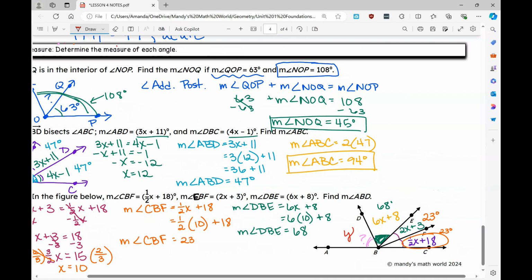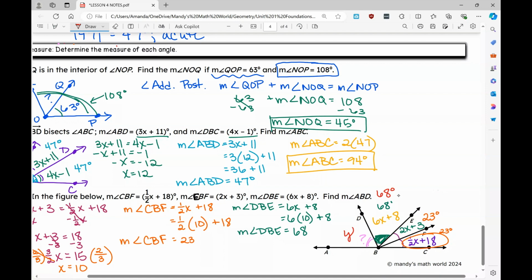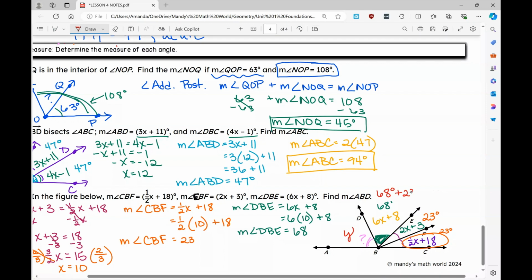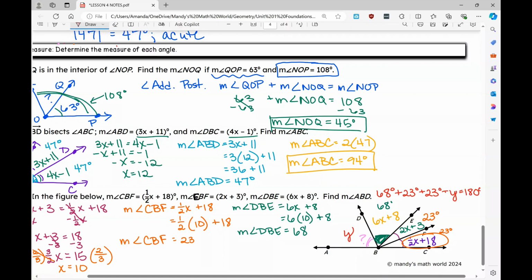Now I know all of these angle measures added together should be 180 degrees because all of those angles added together make a straight angle. So we're going to do 68 degrees plus 23 degrees plus 23 degrees plus y, and we're going to set it equal to 180 degrees.